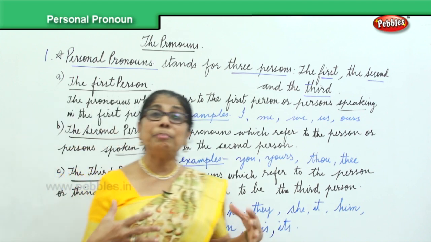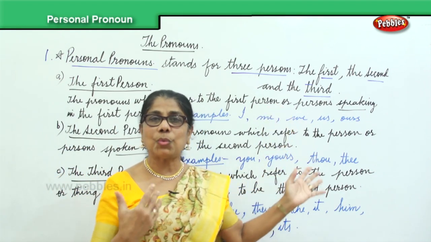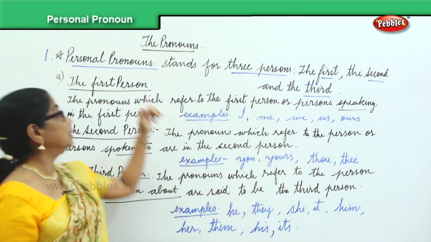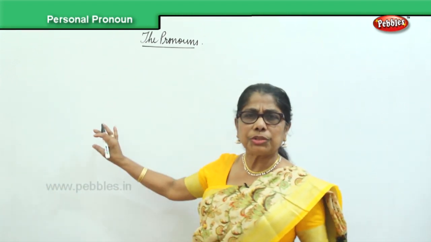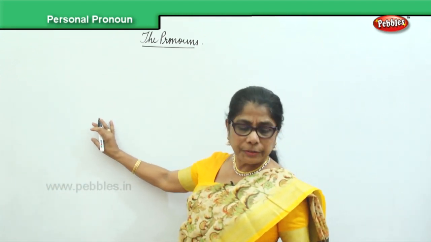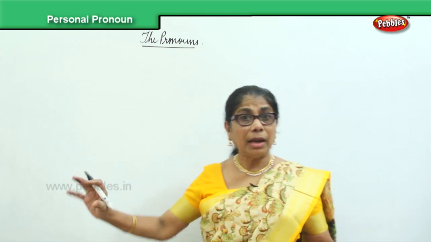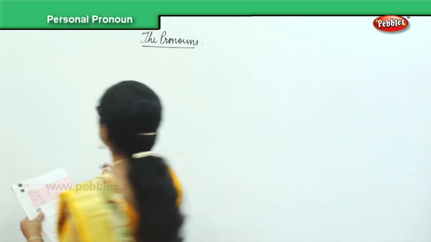We will do some exercises for us to understand the first, second and third person of the personal pronouns. Now I'll show you a small tabulation, first, second, third person for singular and plural, and later we will do a small exercise to understand better.